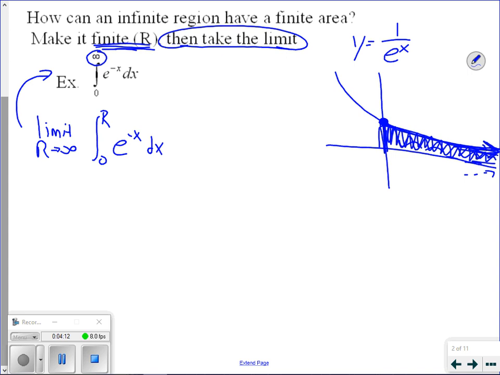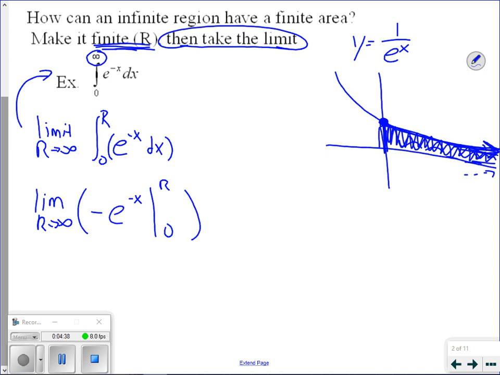So let's go through it. Go ahead and integrate from 0 to r, and then we'll take the limit. So keep that limit on the outside. The integral of e to the negative x is negative e to the negative x. It's just doing a little u sub there. And evaluating from 0 to r.